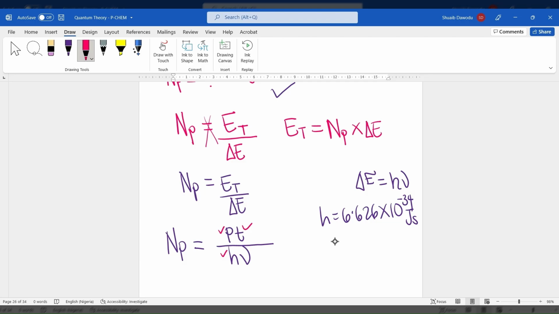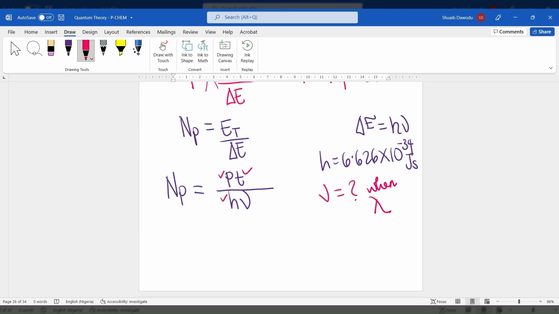So now, when you want to get frequency when given wavelength, you have to use the formula c is equal to wavelength times frequency. So frequency ends up becoming the speed, the velocity, divided by the wavelength. So that's basically it. So we're going to rewrite this here again.